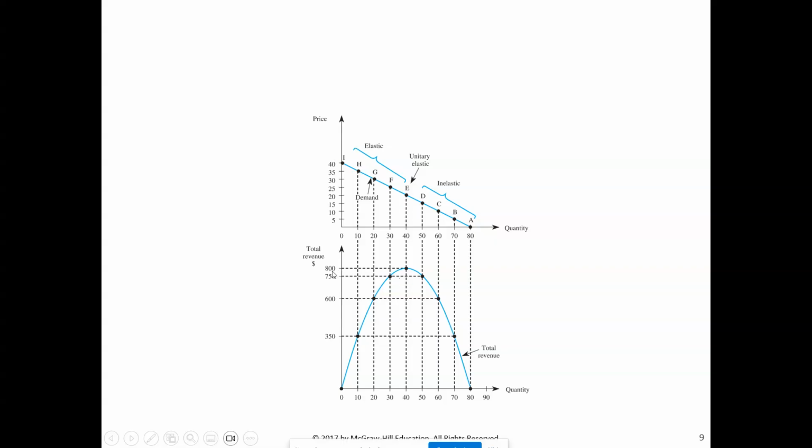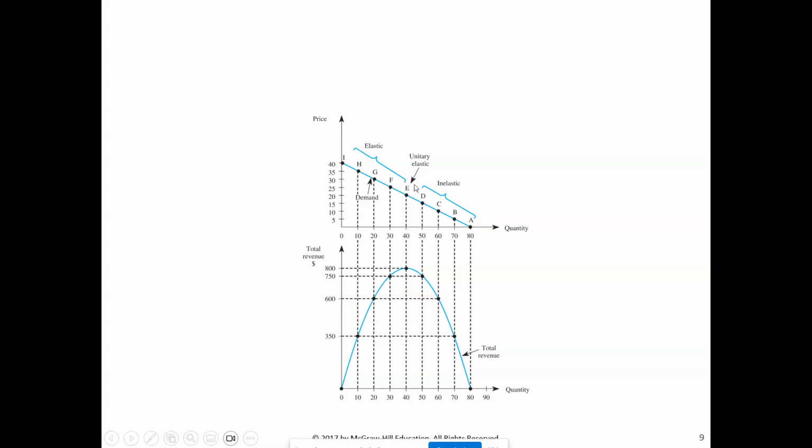Whenever total revenue is plateaued or achieves maximum value, price change doesn't really change the total revenue, as demand is unit elastic.